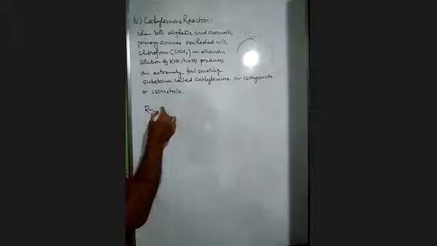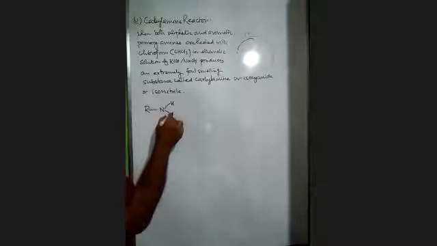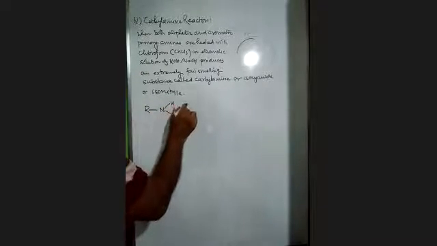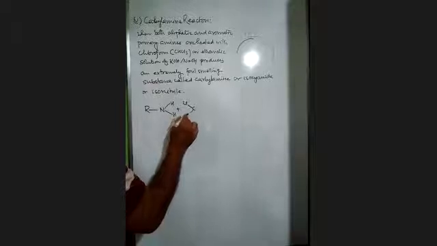Okay, I'll write now. R can be aromatic or aliphatic. This is chloroform.